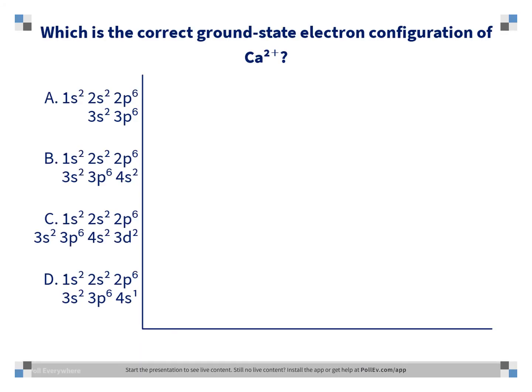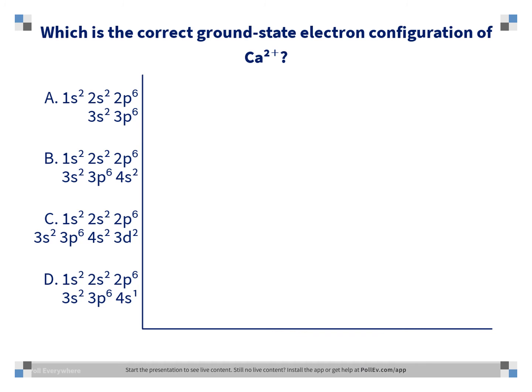The correct answer is A, 1s2, 2s2, 2p6, 3s2, 3p6. We start with a neutral calcium atom, which ends in 4s2, and then take away 2 electrons from the subshell with the highest n because it is a cation.